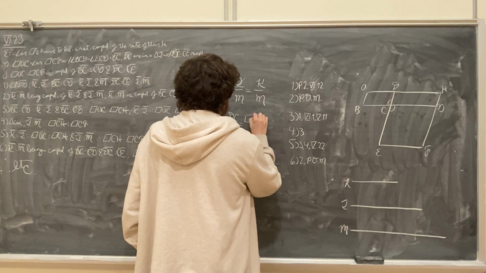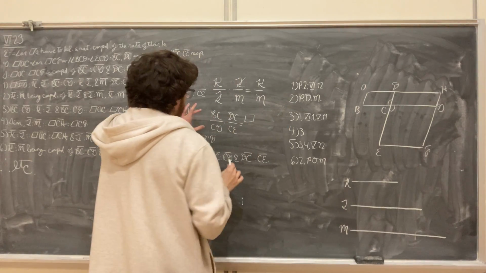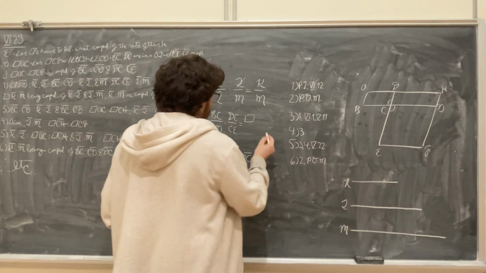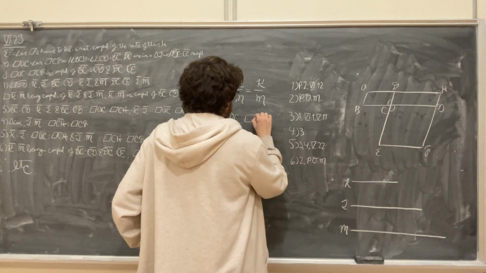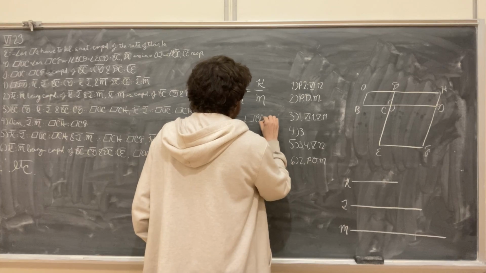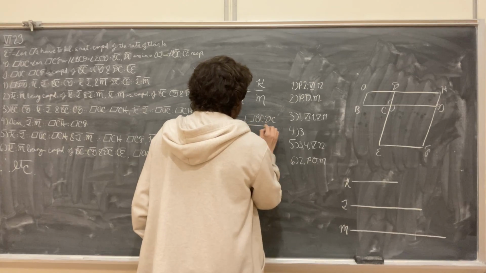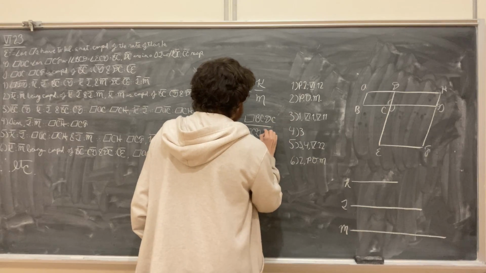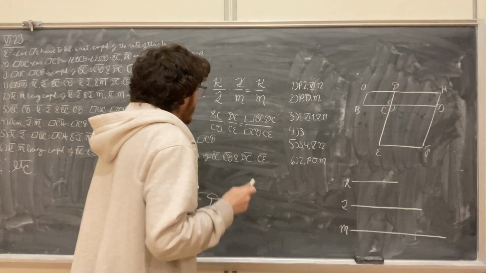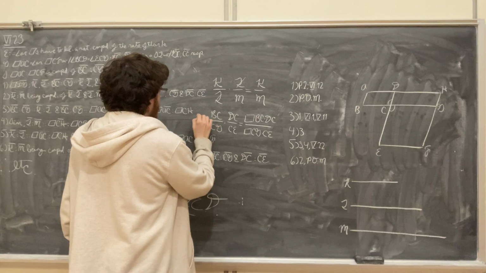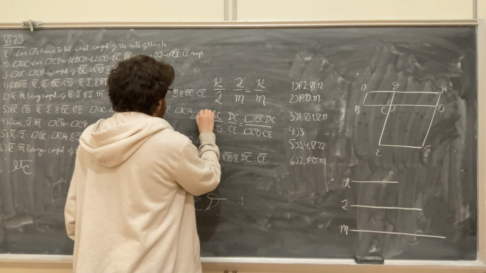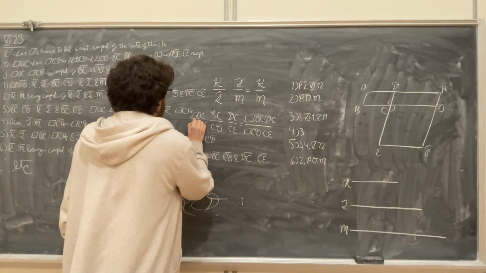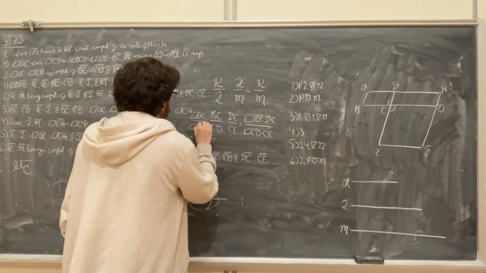So in one sense, we can understand the composition of the ratios BC to CG and DC to CE to be the same as the ratio of the rectangle contained by BC and DC to the rectangle contained by CG and CE. But on the other hand, this composition of ratios is also equal to the ratio of the parallelogram AC to the parallelogram CF.